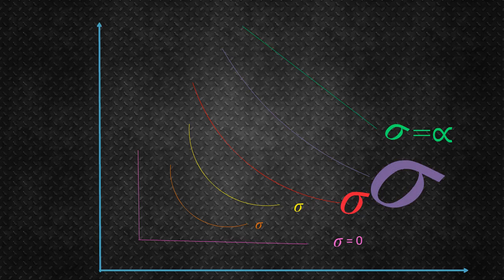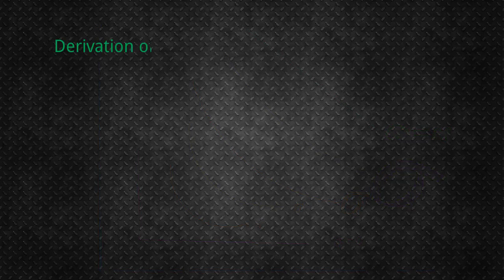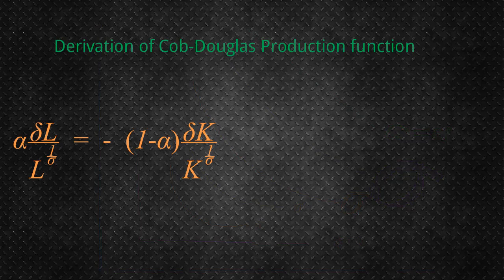Now we are going to derive the Cobb-Douglas production function. In the previous video we derived this equation and solved for the CES production function. Now if we take elasticity of substitution as 1, then 1 over sigma becomes 1.